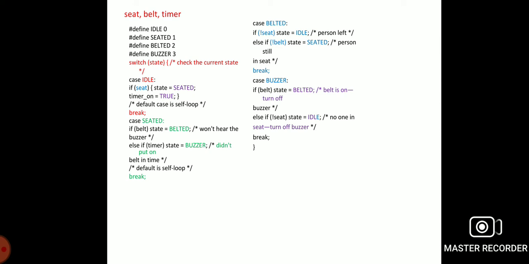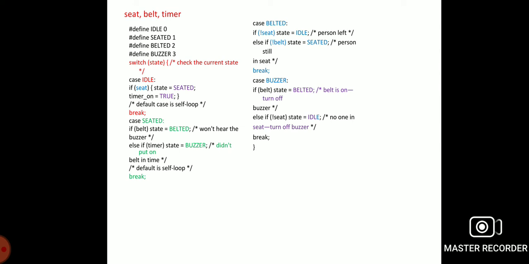It is a switch-state function to check the current status of the value. In the case of IDLE, if the seat state is equal to SEATED and the timer on is equal to true, in such cases the default case is a self loop, that is a break.